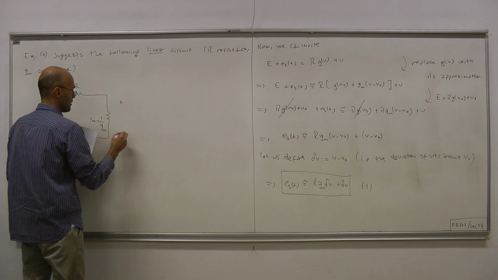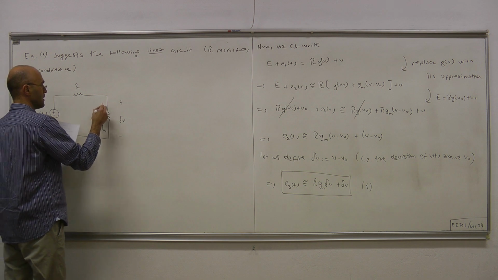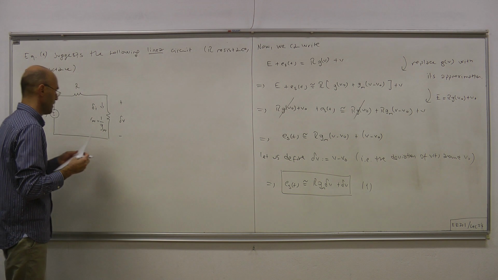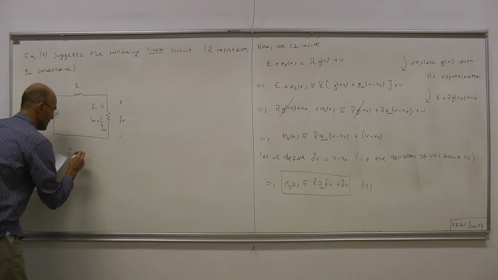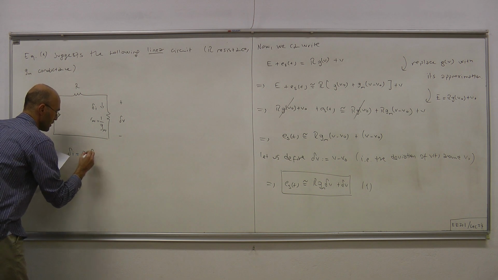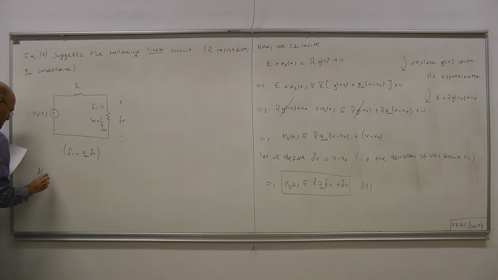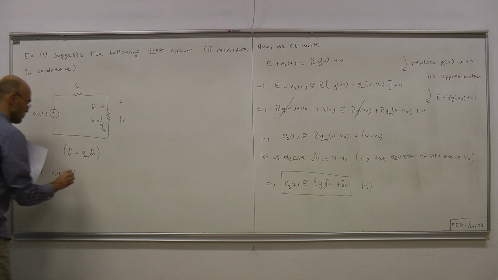This voltage, let's call it delta V, and this current, delta I. And delta I is related to delta V through the conductance. This circuit is called the AC circuit, or sometimes a small signal circuit.